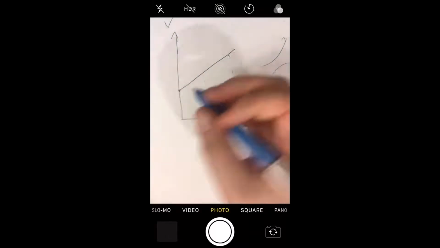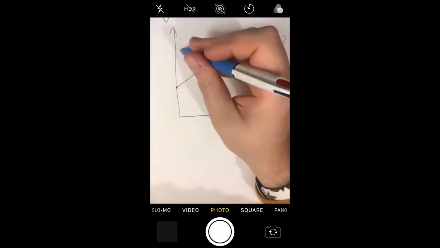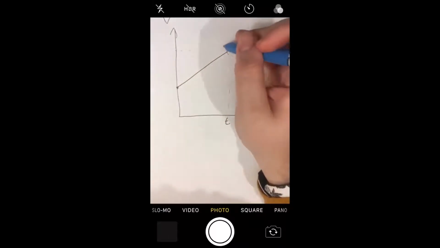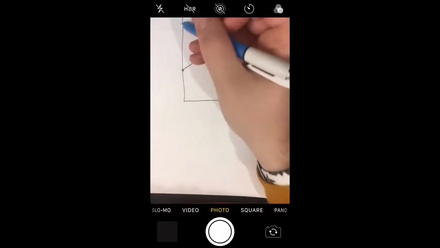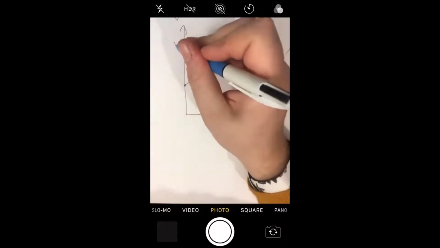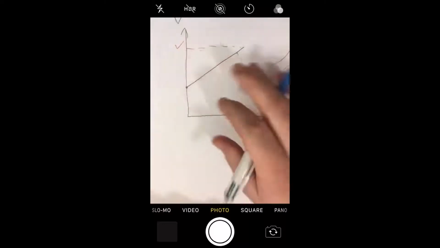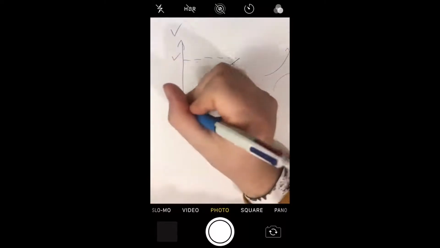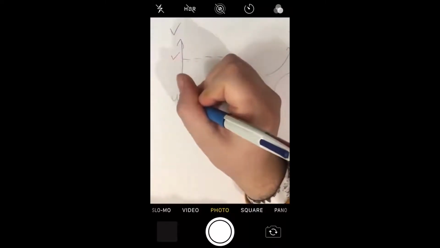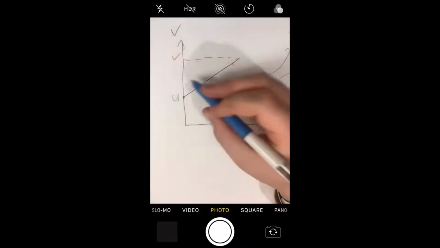Let's say that this point at the very top of this line, let's call that v, because that's what it is. It's the final speed. Let's call this one down the bottom u, because that's our initial speed. So we're already traveling at some speed.